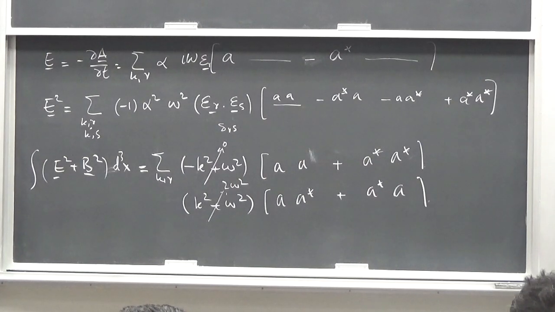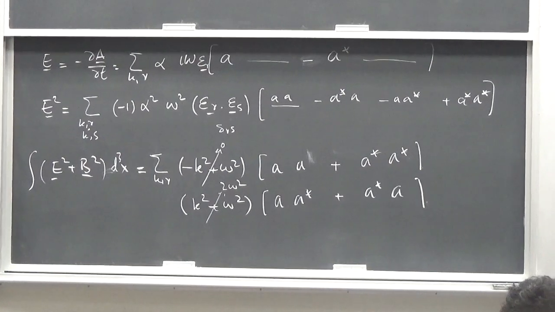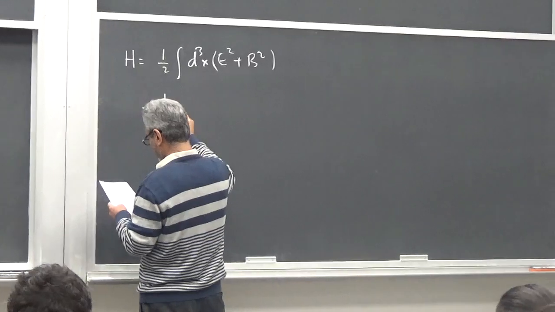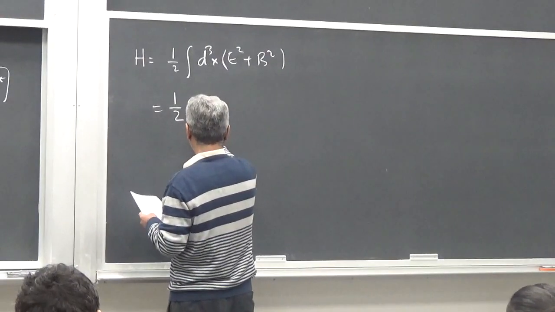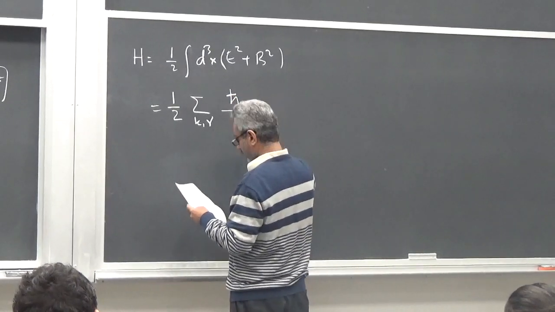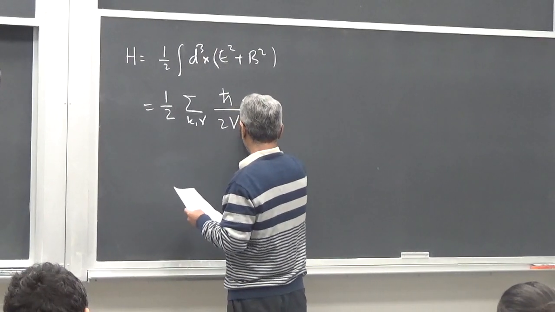And so, in the end, when you calculate h, which is a half integral d3x e squared plus b squared, the result that you will get is this. So this is going to be 1/2 sum over k r h bar over 2 V omega k.